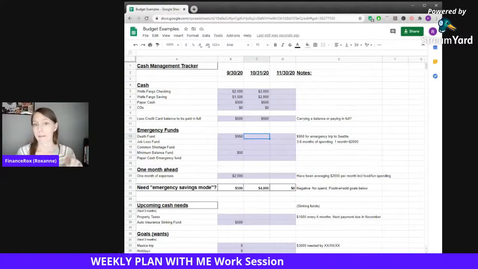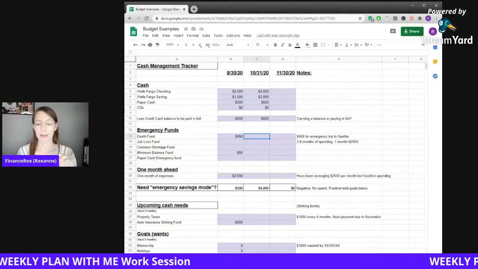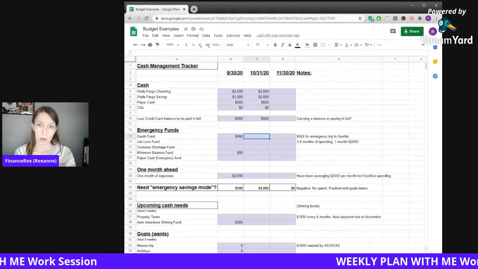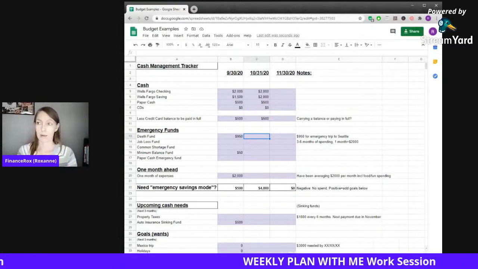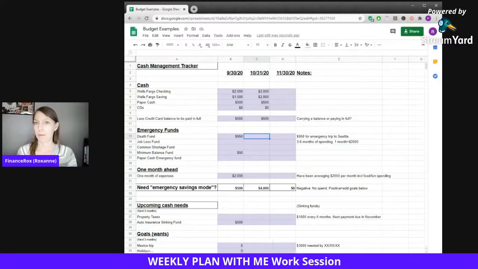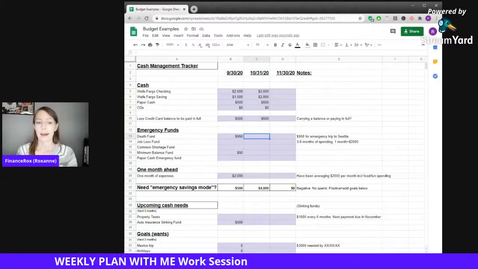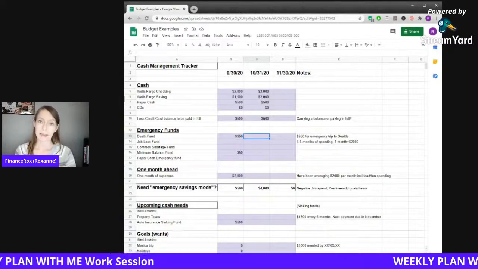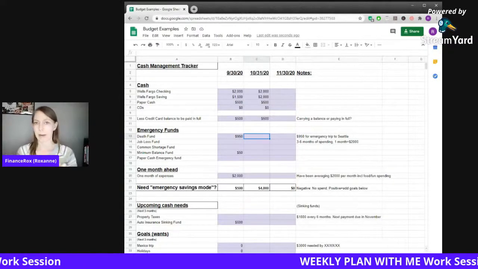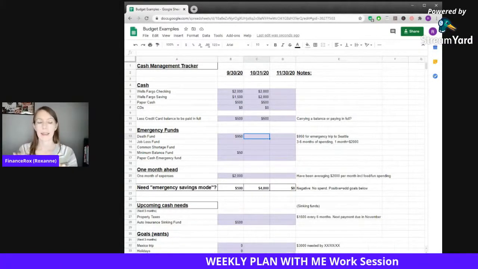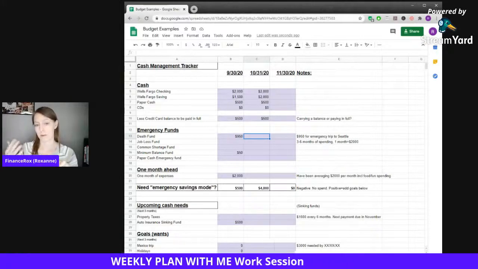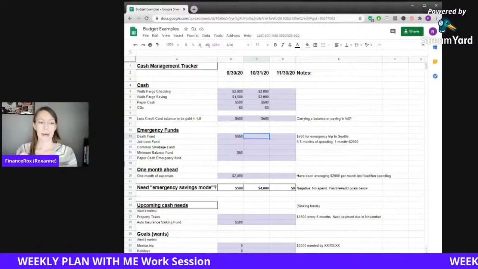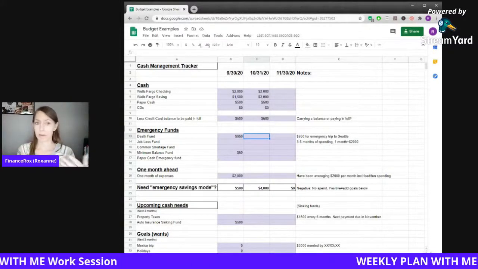Is it enough to cover my current obligations? If the answer was no, I would simply go into no spend emergency savings mode. If the answer was yes, I do have enough money to cover my current obligations, then I would add new goals to this little tracker. So it's very simple, really.